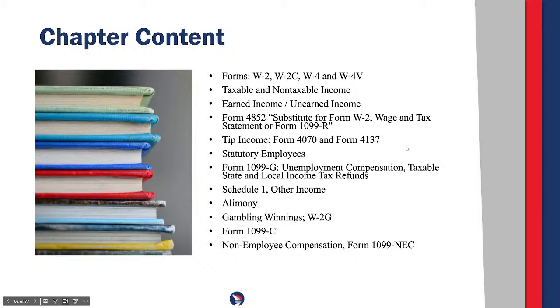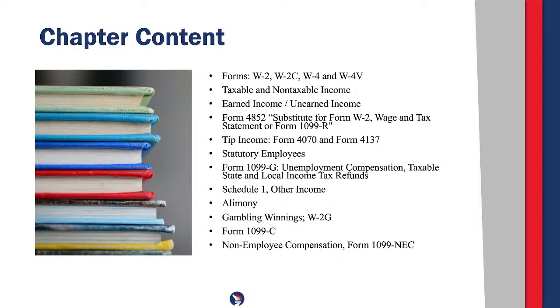Things that we are going to cover today: we're going to talk about the forms W-2, W-2C, W-4, and W-4V. I'm going to talk about the idea of taxable versus non-taxable income. We're also going to revisit the idea of earned income versus unearned income.